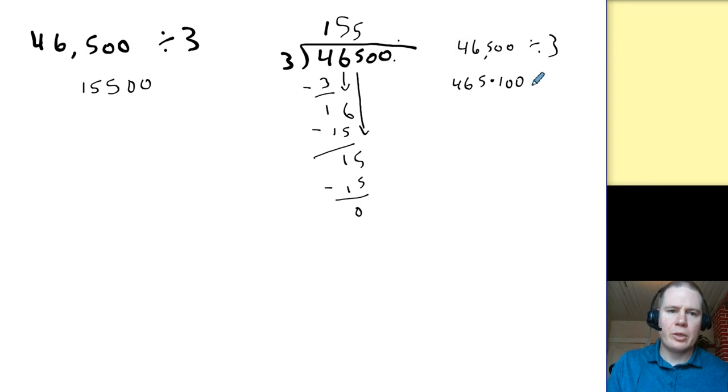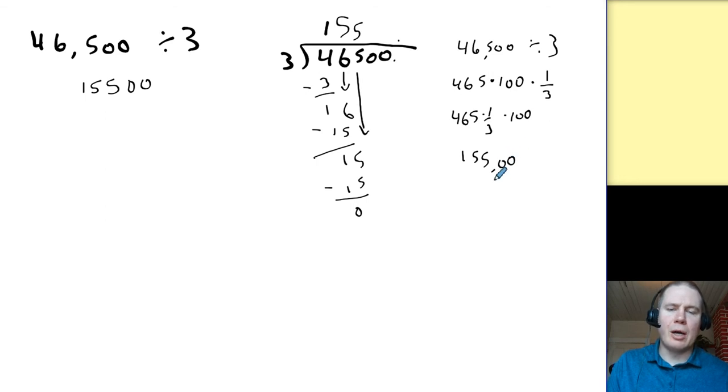There we go. Divided by 3. I can associate the 465 with the 1/3. That gave me 155 times 100. I just put those zeros on there.